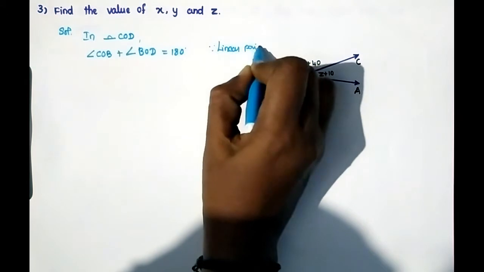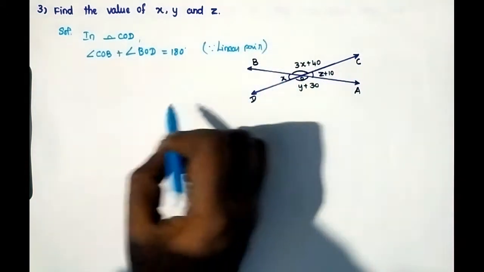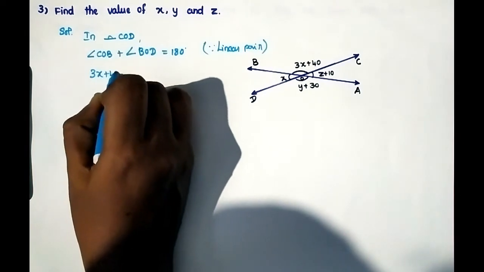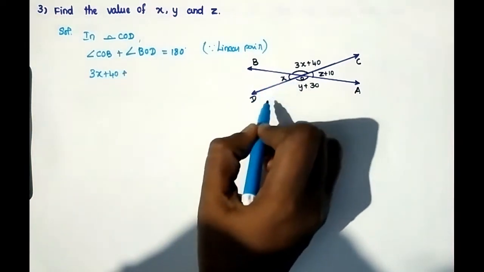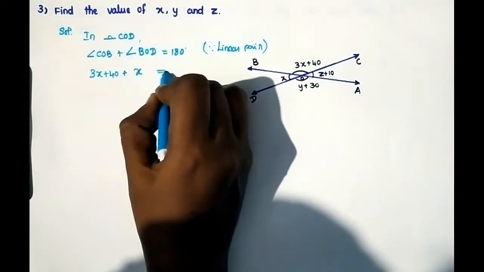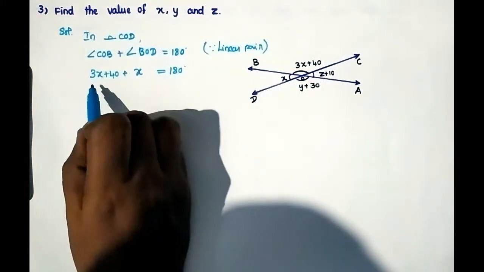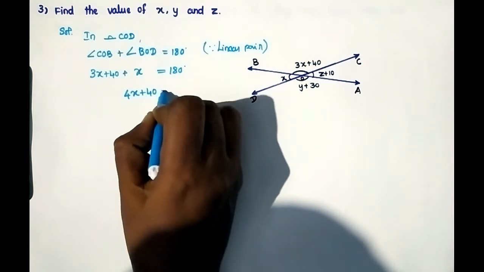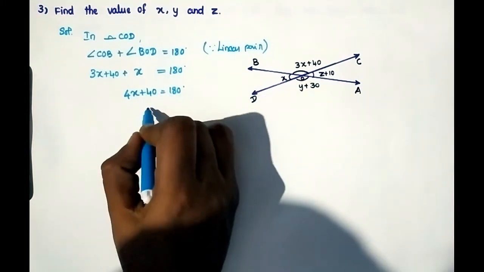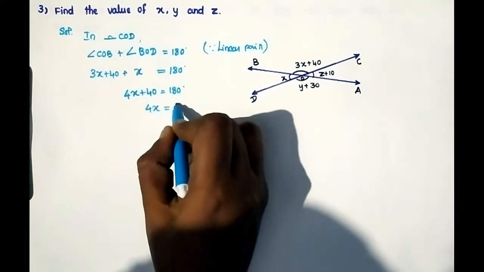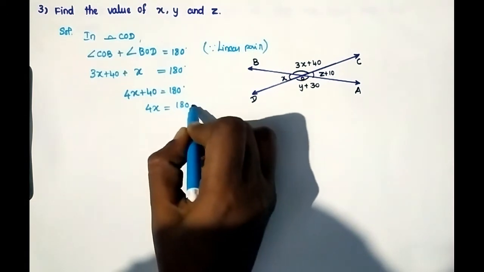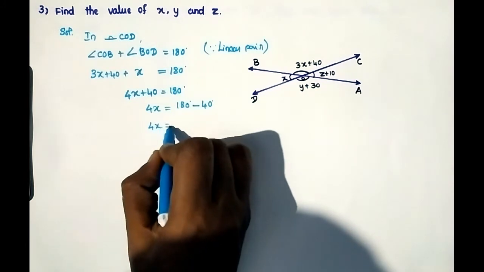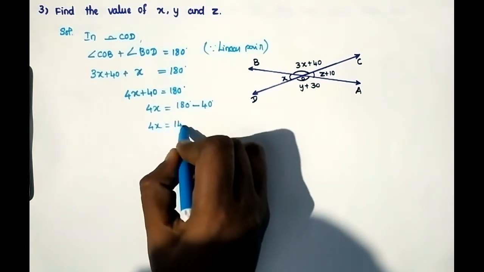COB is 3x plus 40 plus BOD is x equal to 180 degree. 3x plus x 4x plus 40 equal to 180 degree. So 4x equal to 180 minus 40, 140.